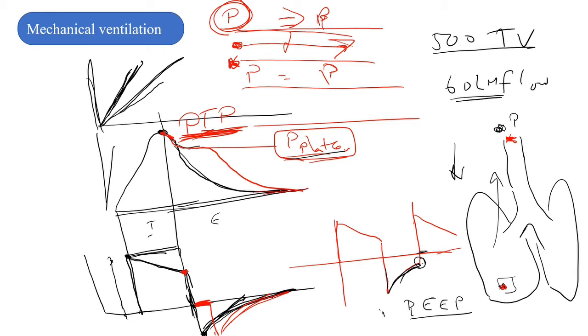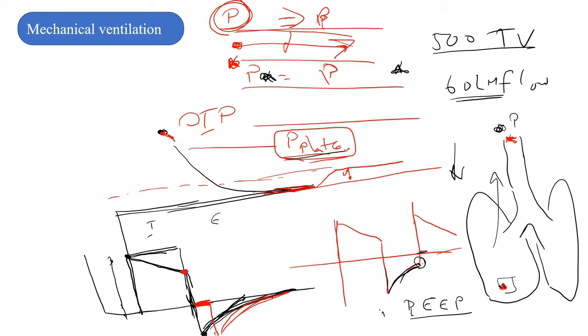When you have this pause at the end of expiration, this means that at the time of the end of expiration, the pressure will equalize between the proximal airway and the alveoli, and accordingly the pressure will elevate by the value of the intrinsic PEEP that can be measured. So applying a pause at the end of inspiration will help you to measure the plateau pressure. Applying a pause at the end of expiration will help you to measure the intrinsic PEEP.